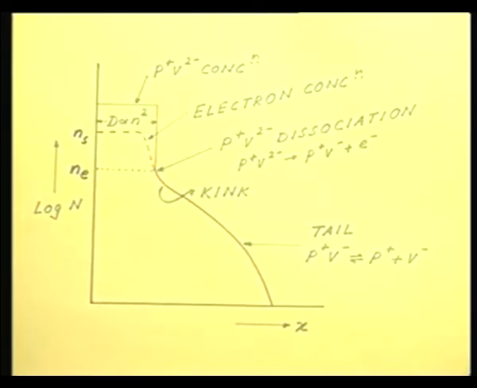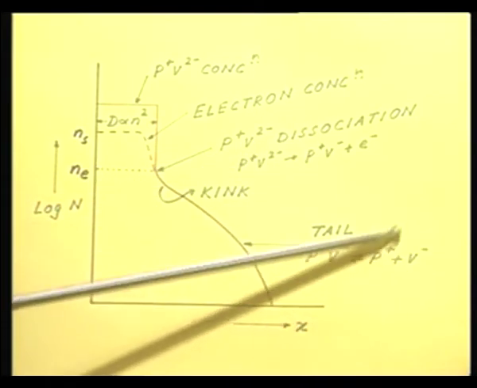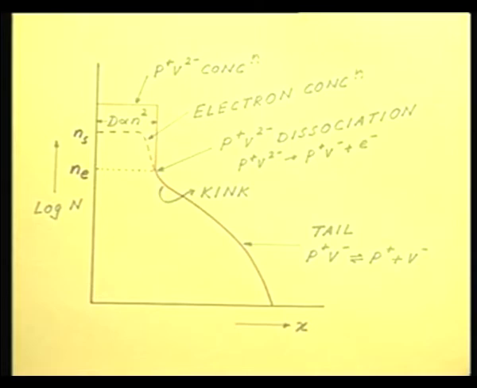Therefore, here the diffusion coefficient is proportional to n, and then as we further move into the semiconductor, this P+V- also dissociates, giving rise to a number of vacancies, and diffusion is enhanced because of the availability of these vacancies.